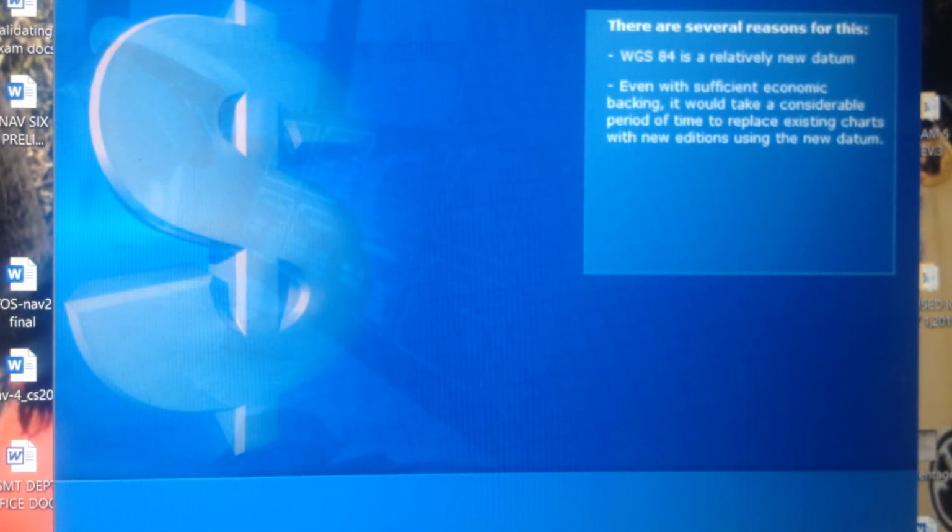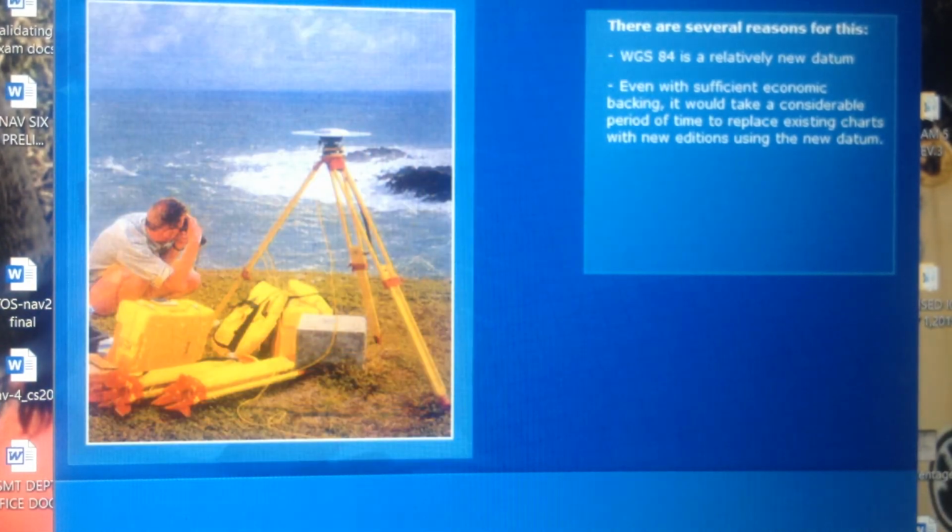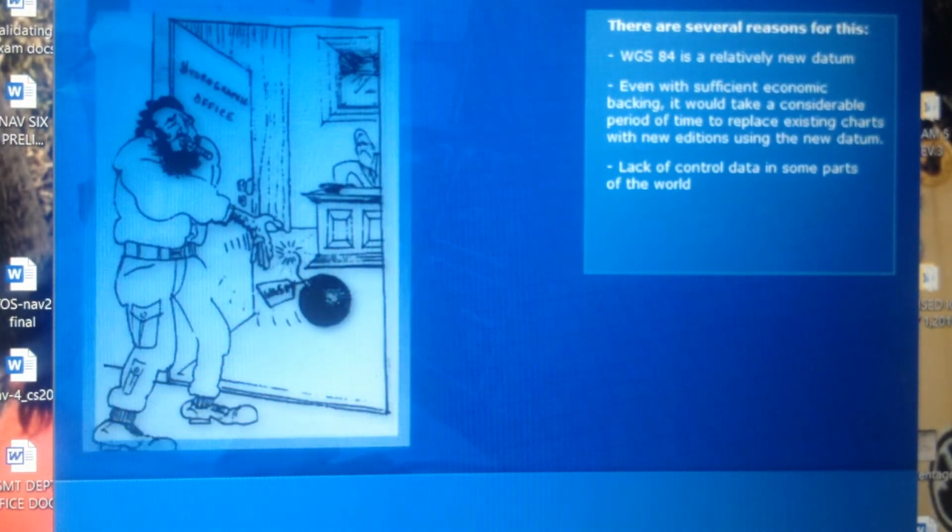Even with sufficient economic backing, it would take a considerable period of time to replace existing charts with new editions using the new datum. There is a lack of controlled data in some parts of the world. Various political reasons in several countries delay the process.